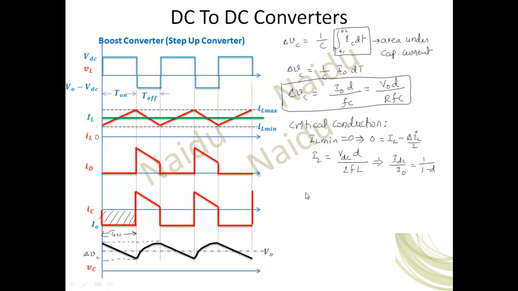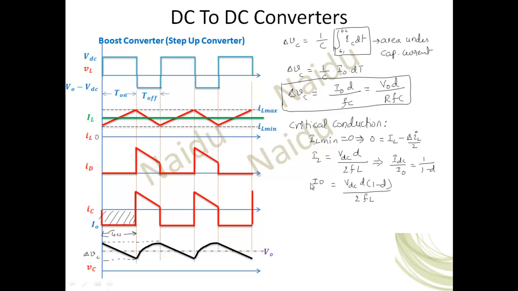If you include here, then you can see that IDC is nothing but IL. So from that you can say I naught by 1 minus D. So that means I naught equal to VDC D into 1 minus D divided by 2FL, because I am taking the 1 minus D to this side. Okay, so that's the meaning.